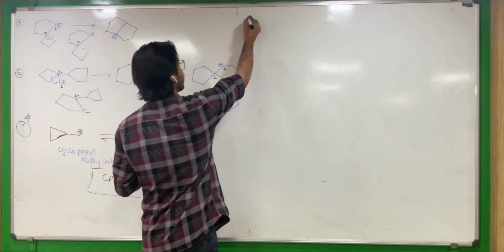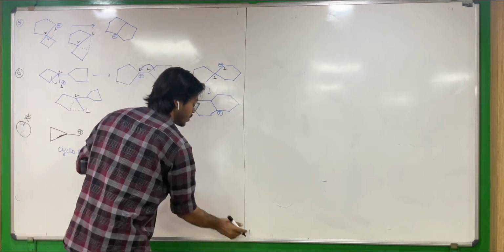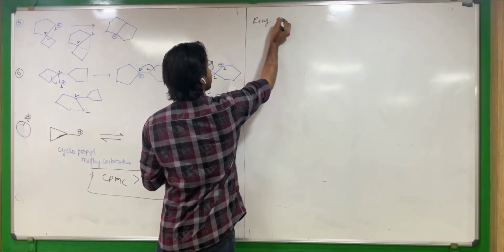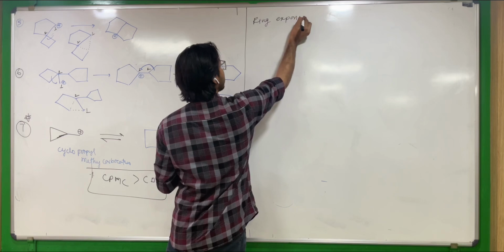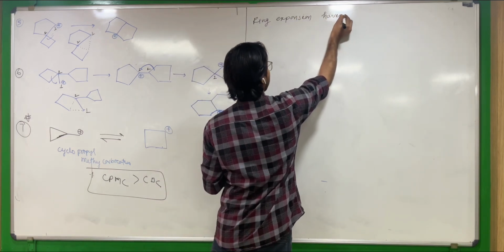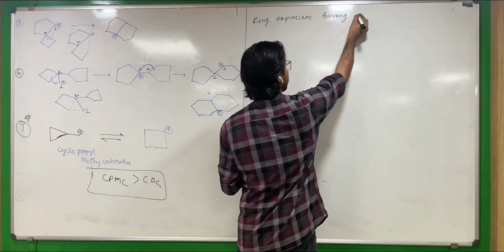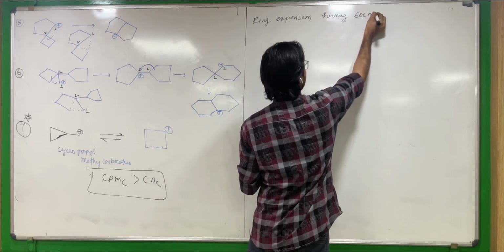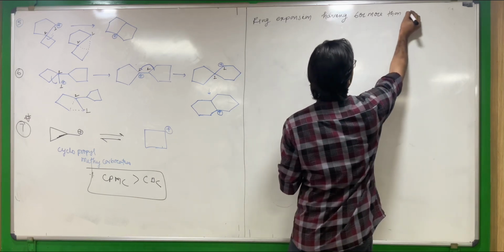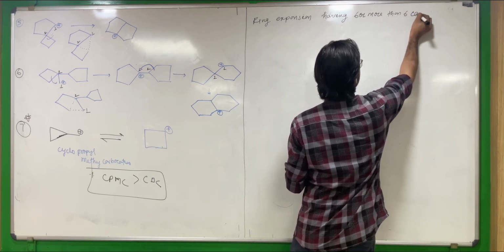Now we will see the ring expansion in the case of 6 or more than 6 carbons in the ring.